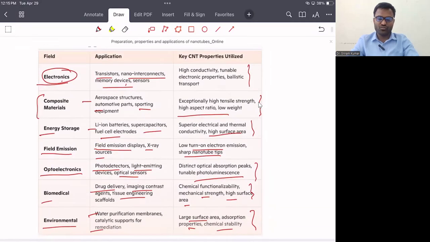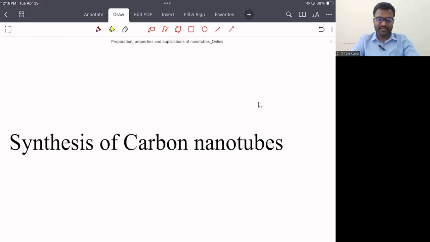We understood the key properties of carbon nanotubes you can use for specific fields of application. Now let's understand the synthesis of carbon nanotubes.